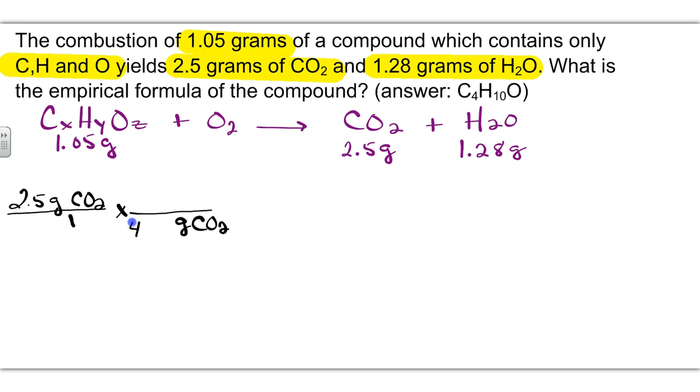We're going to use the molar mass, which is 44.01, and then go to the grams of carbon that's in this compound, and this is known as the fraction by mass of carbon.